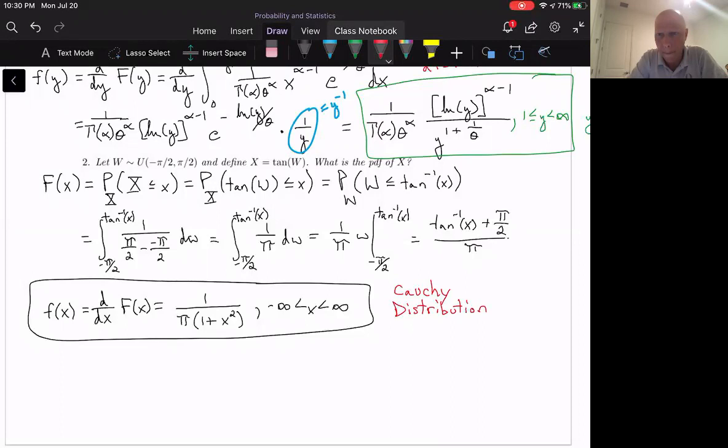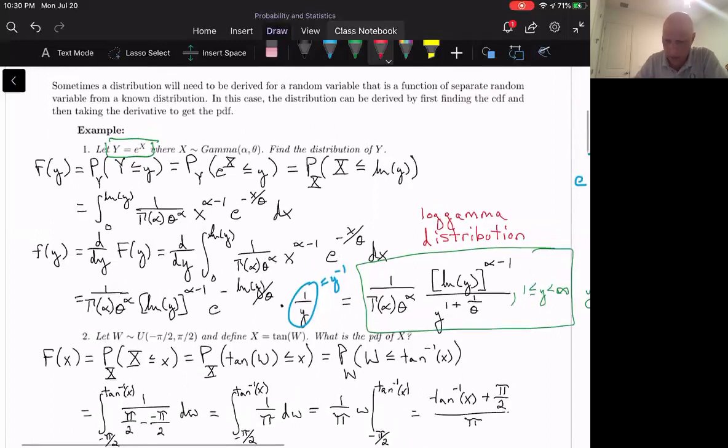So do you know that the gamma distribution has support 0 to infinity? Okay, and so remember that x is gamma. So we know x goes from 0 up to infinity. Now y is e to the x.